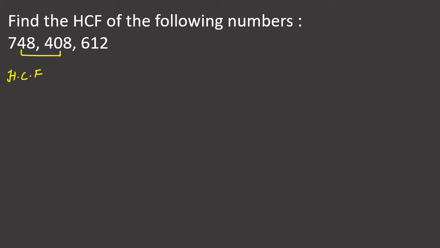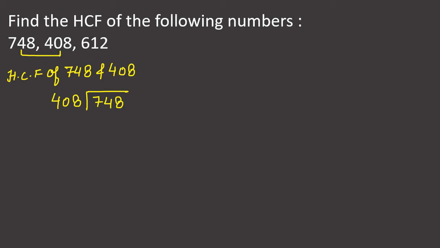So HCF of 748 and 408. You can see 408 is smaller than 748. So write 408 as divisor and 748 will be the dividend.